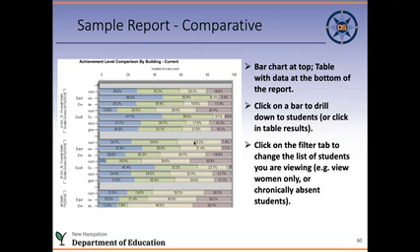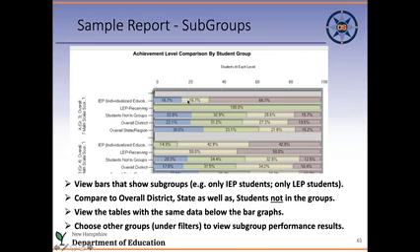Hopefully this is making sense as I go through these. This report, they're all the same. Level 4, there are no level 3s, level 2 and level 1. The comparative reports all look like this. You have the overall and the overall district and the state, so you can compare it to the state.